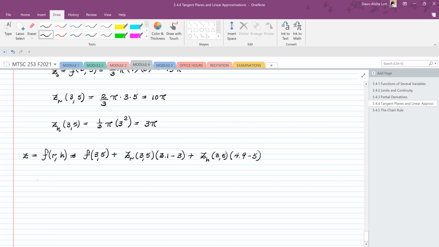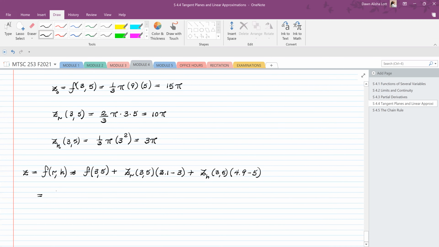So this turns out to be 15 pi plus 10 pi times 1/10, and then I'm going to get minus 3 pi times negative 1/10.